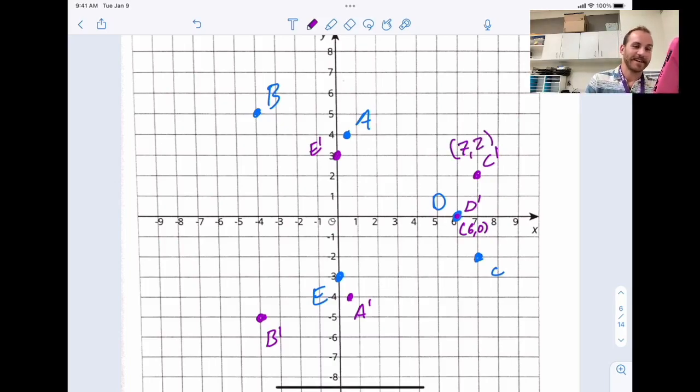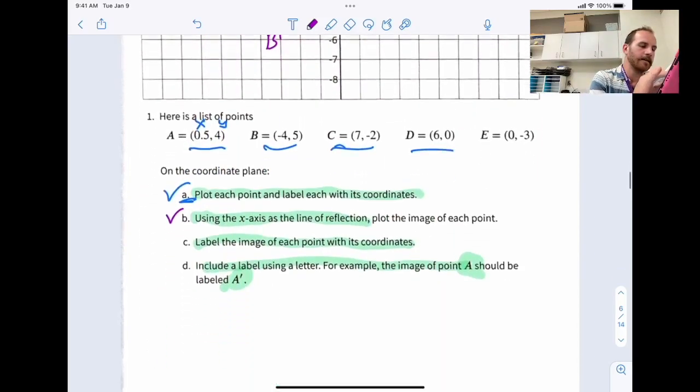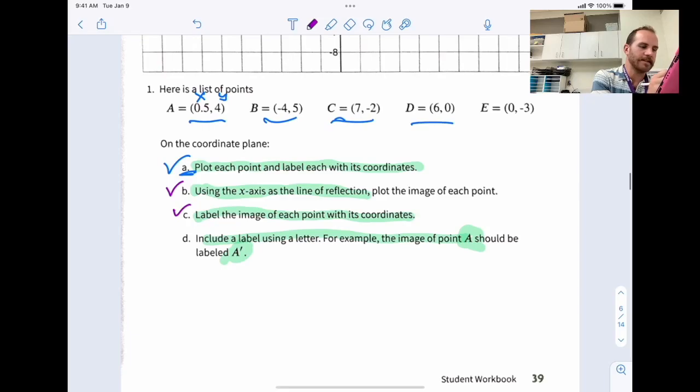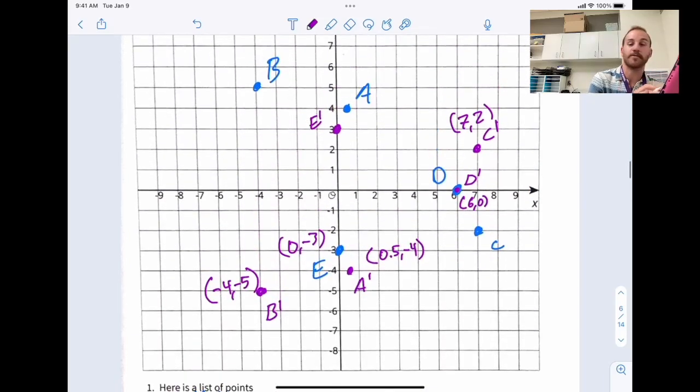A ends up being 0.5, negative 4. E ends up being 0, negative 3. And B ends up being negative 4, negative 5. It says include the label, so A should be A prime. I've done that already, so we're all set there.